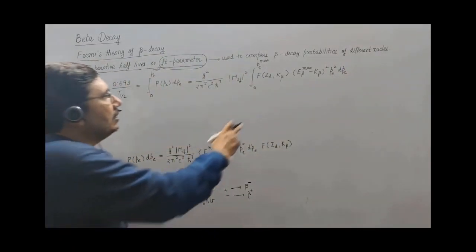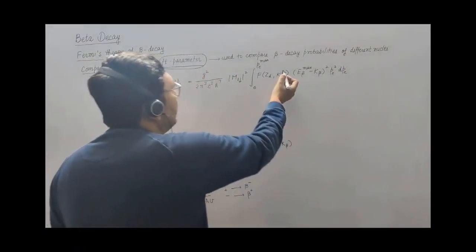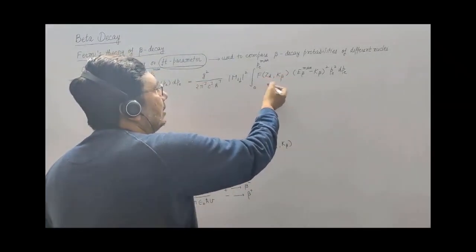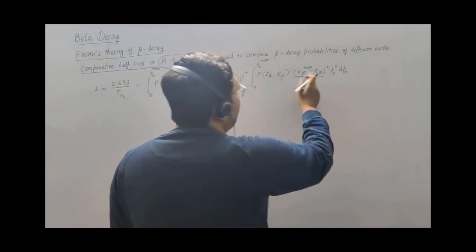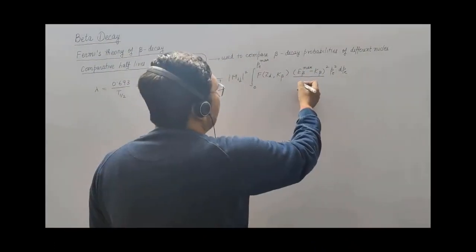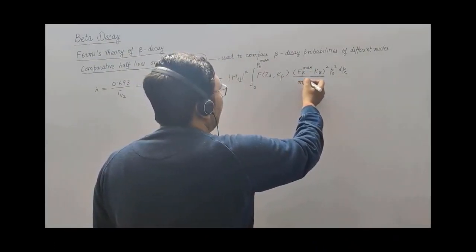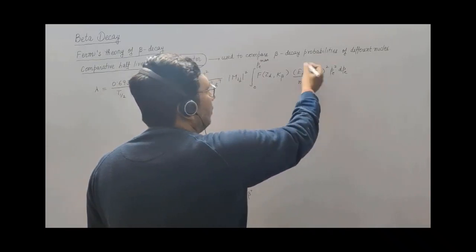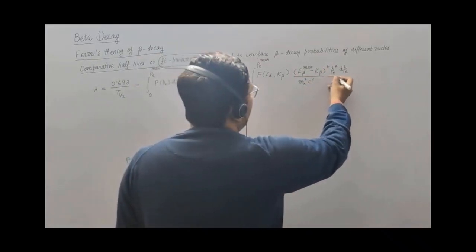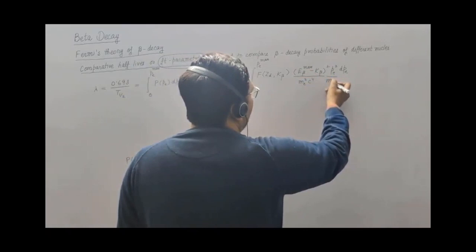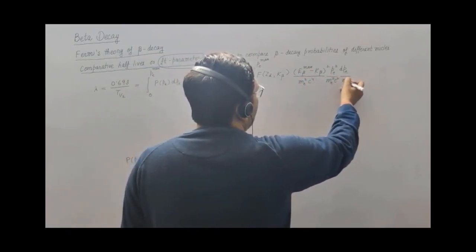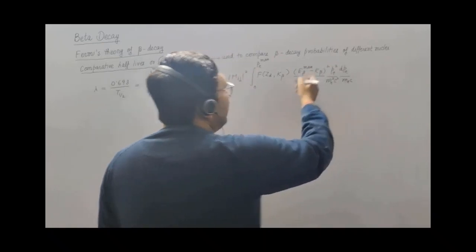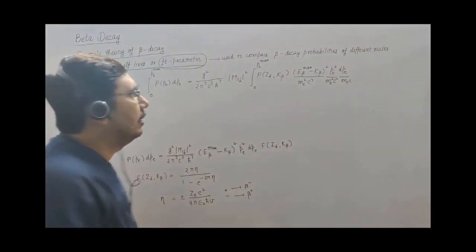Now we will make this integration dimensionless. This correction factor term is already dimensionless. This term is energy squared, so if we divide this by me square C to the power 4, then this will become dimensionless. Similarly here, divide this by me square C square and this by me C. In this way, all these terms will become dimensionless.